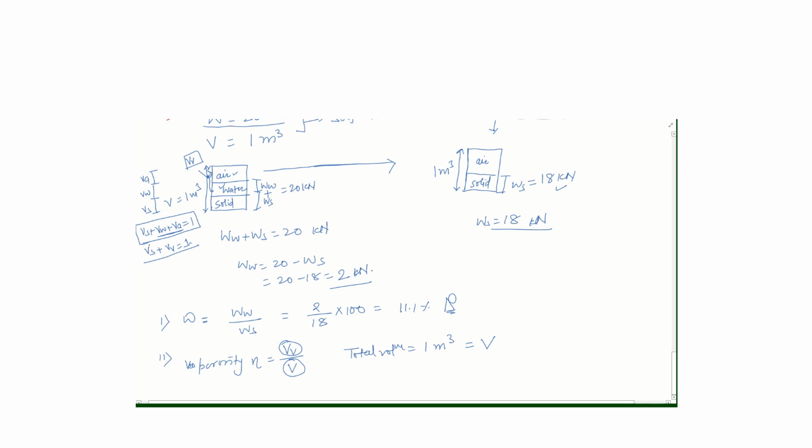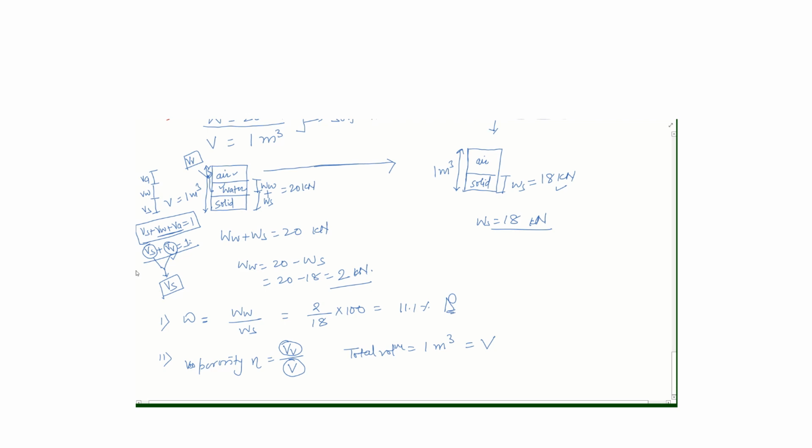Now we have to calculate the volume of solid. Then after, we can use this expression to calculate the volume of voids, or we can calculate the volume of voids directly. Of these two parameters we have to calculate only one, and it is easy to calculate the volume of solid.